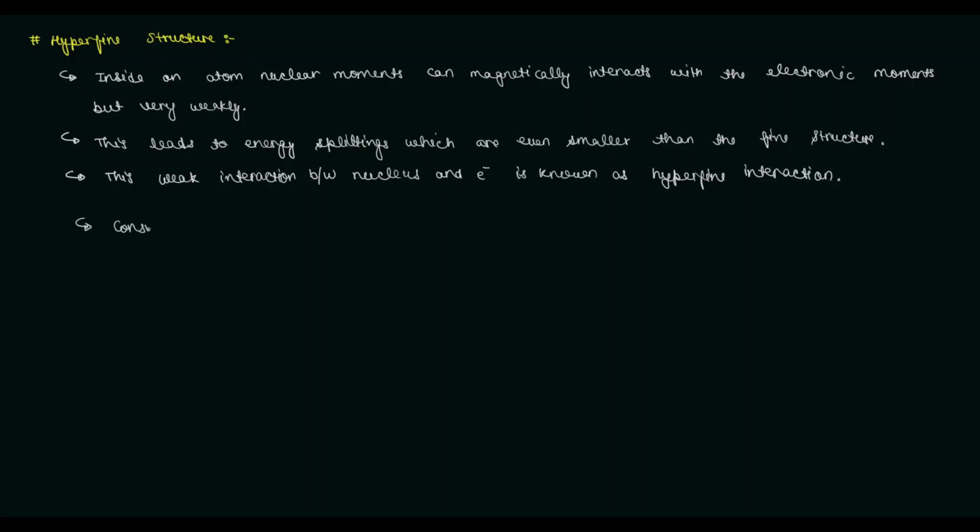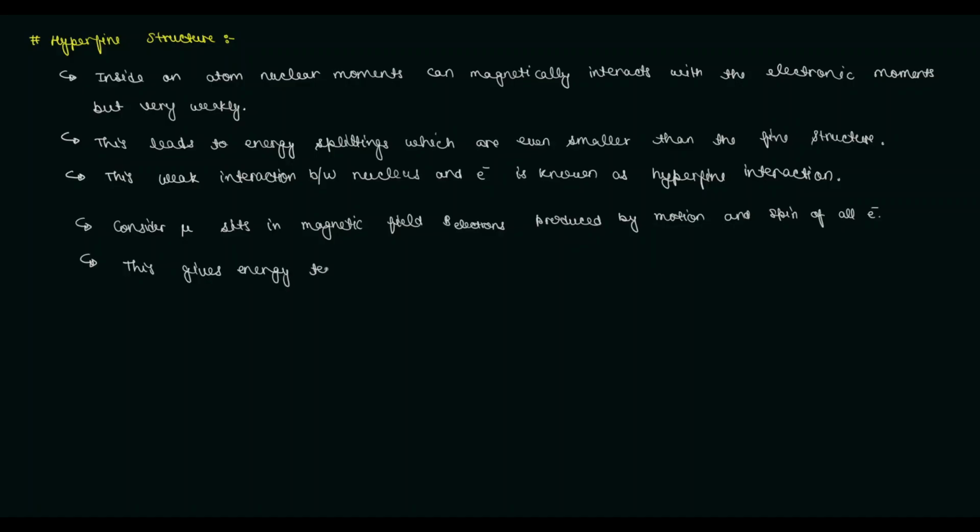Consider the nuclear magnetic moment sits in the magnetic field produced by the motion and spin of all electrons. So this gives the energy term as minus mu dot B_electrons.